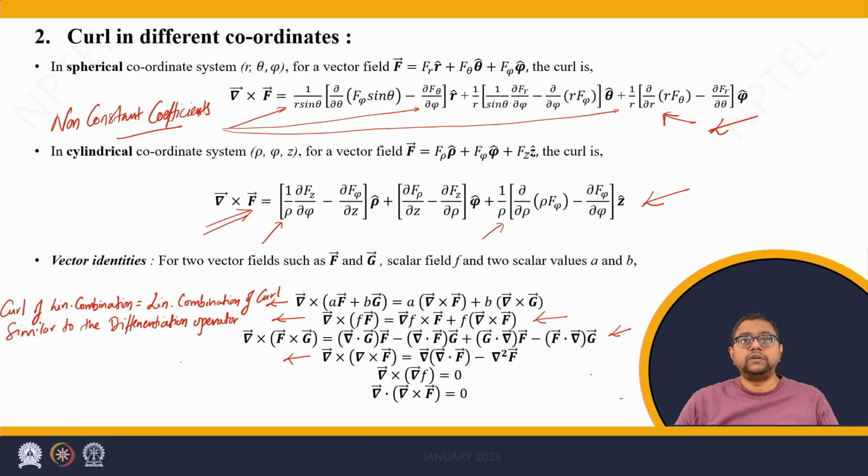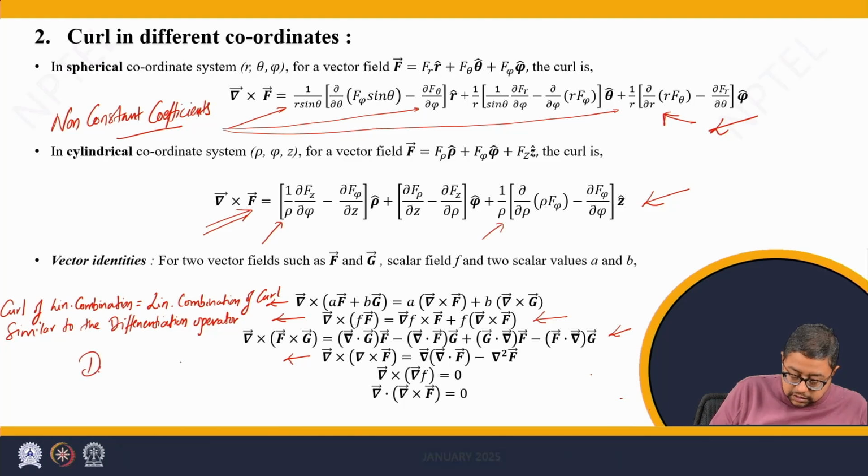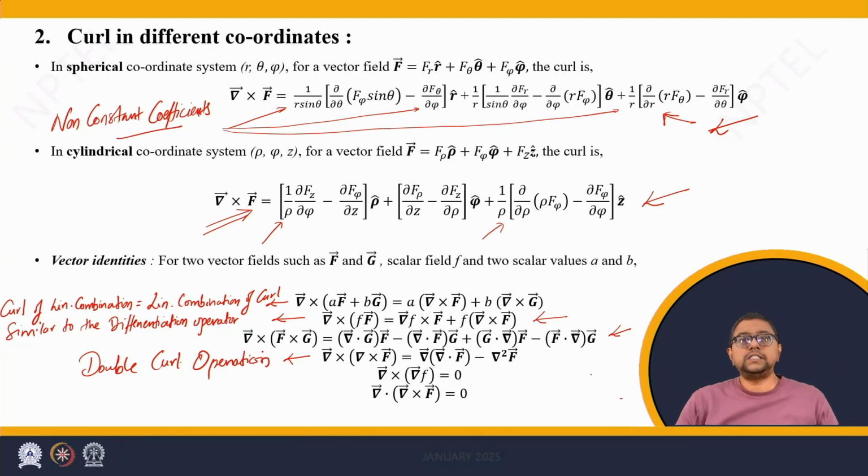Next, we have the fourth identity, which is the curl of the curl of F, which is essentially a double curl operation. This is similar to the second order derivative of a function. The double curl operator can be broken down into two components.